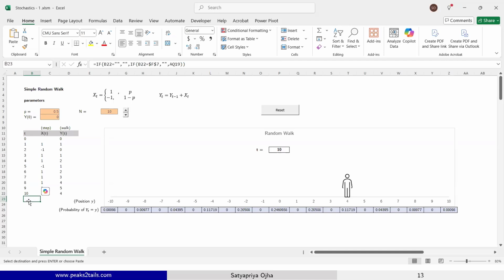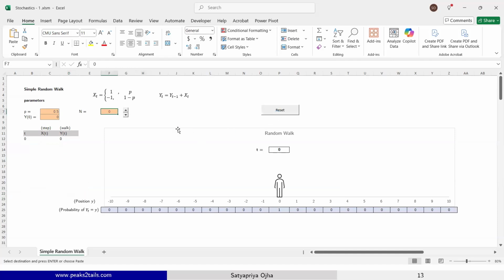So the probability of Y11 given Y10 is equal to 4 is two values: 5 with probability 0.5, 3 with probability 0.5. So yes, it depends on the past. That's why I said Y is neither independent nor identical. Okay, so that is one. Next, let's do this. Let me reset this. Look at this row.